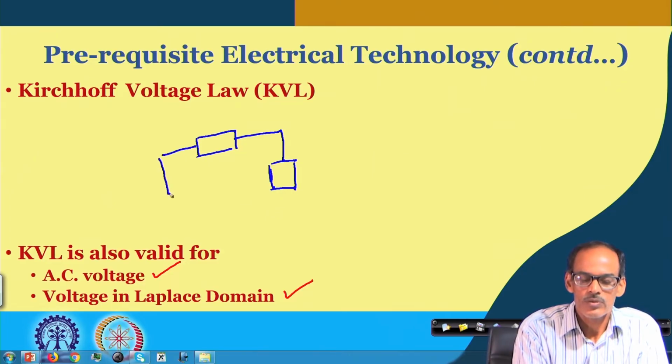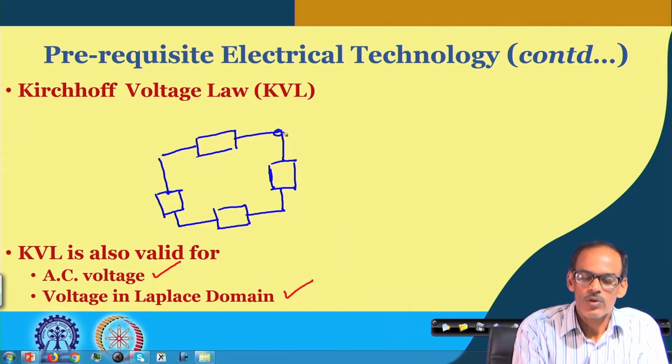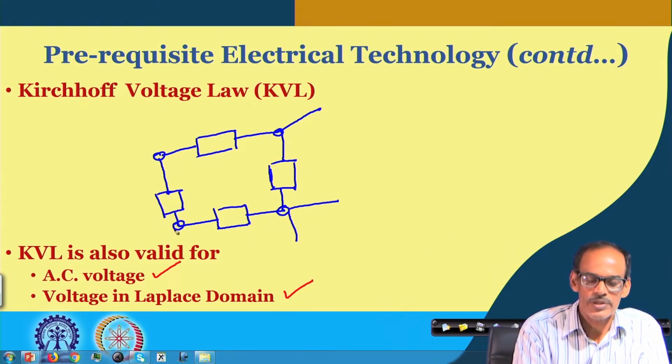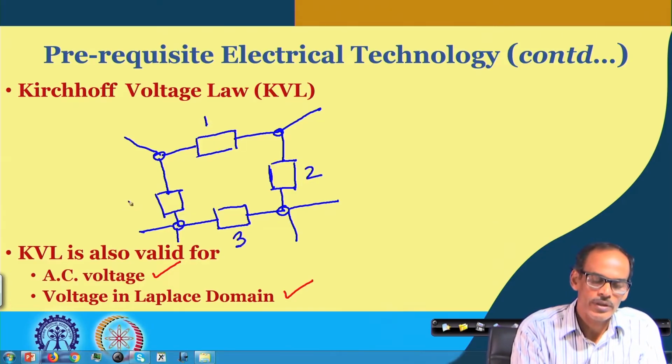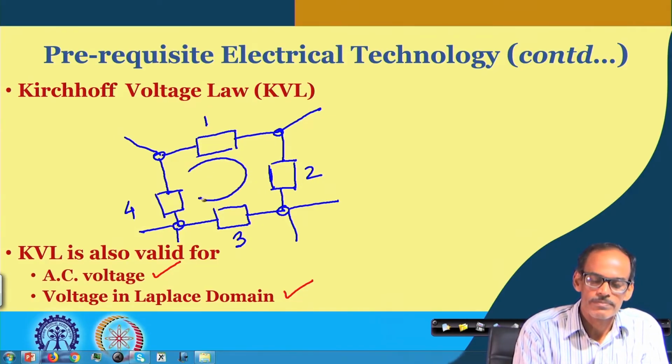Let me consider we have 3 or maybe 4 elements in a circuit, and we have different circuit nodes, and each node may have some other elements connected. Let me call these element 1, element 2, element 3, element 4 and so on, forming a loop like this.